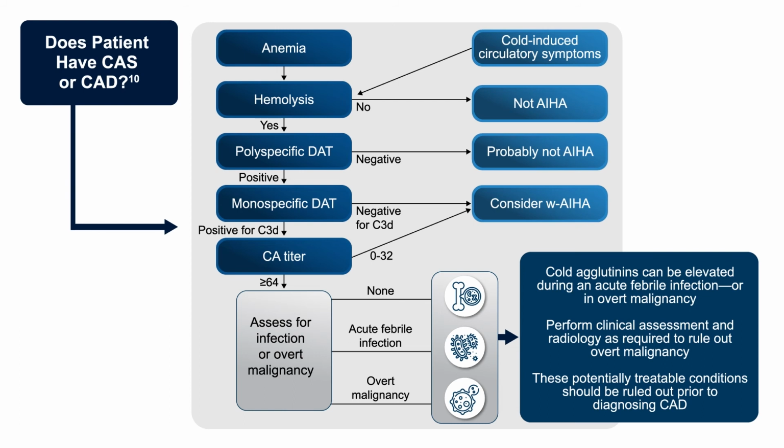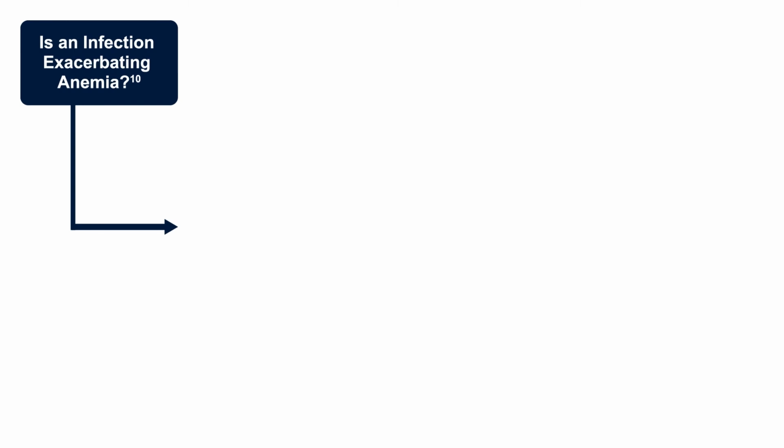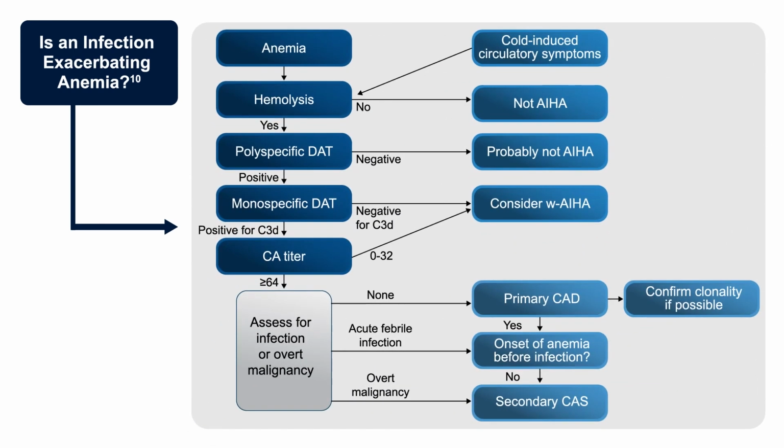These potentially treatable conditions, which would result in the resolution of cold agglutinin syndrome once treated, should be ruled out prior to diagnosing cold agglutinin disease. If patients have an elevated titer of cold agglutinins but no infection or malignancy, then we generally are diagnosing them with primary cold agglutinin disease.